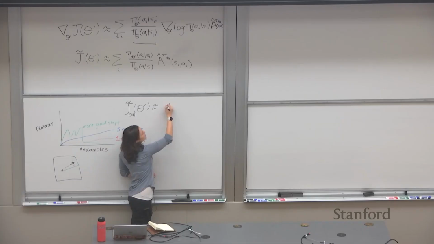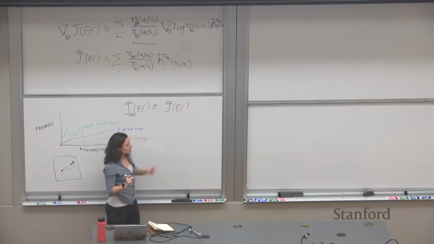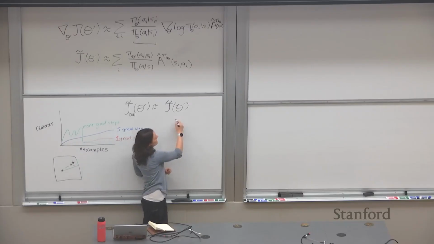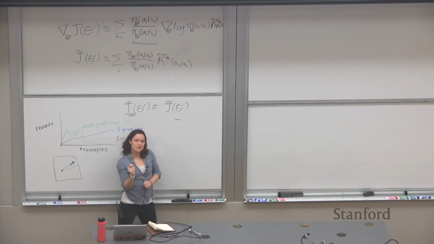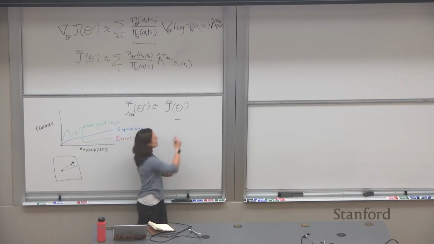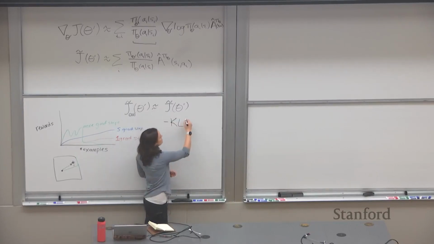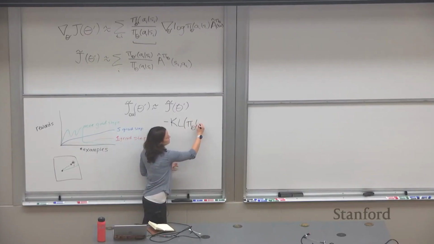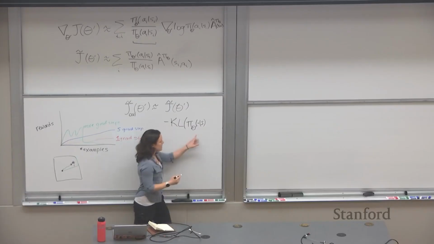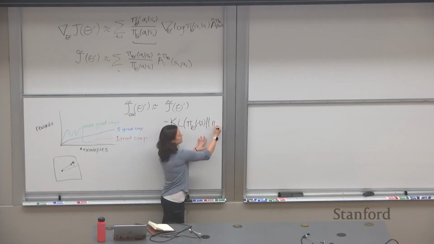This is going to be equal to the original surrogate objective that we're trying to maximize. And then we can add a penalty that discourages you from changing too much from the previous policy. That penalty could take the form of the KL divergence between two distributions, so the KL divergence between the new policy distribution and the old policy distribution.